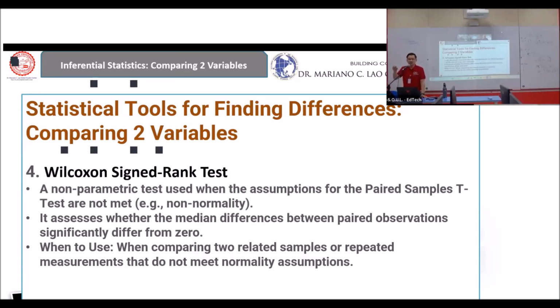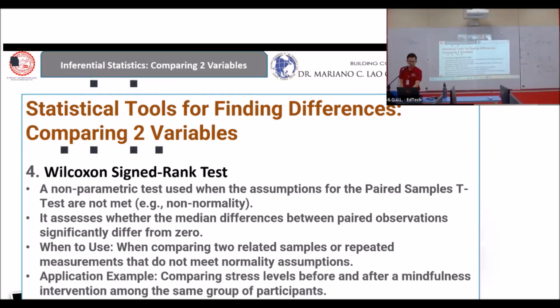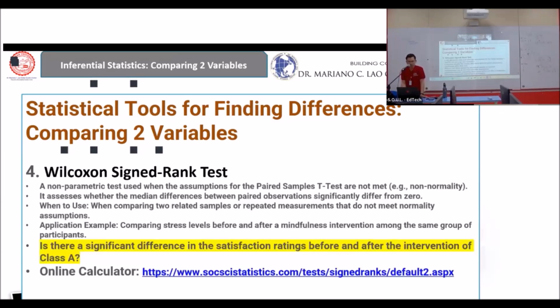But even if the data is paired but not normally distributed, apply the Wilcoxon signed rank test. For example, comparing stress level before and after a mindfulness intervention among the same group of respondents.